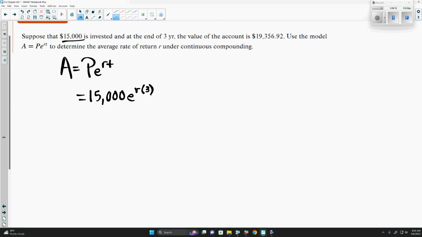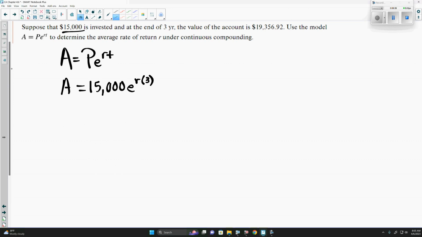So if we're looking at the starting equation, A is equal to 15,000 e to the rt, e to the r times 3, or 3r. This would be our starting equation, what we're starting with. Now to solve this, what we're going to do is replace the A with our amount, $19,356.92.